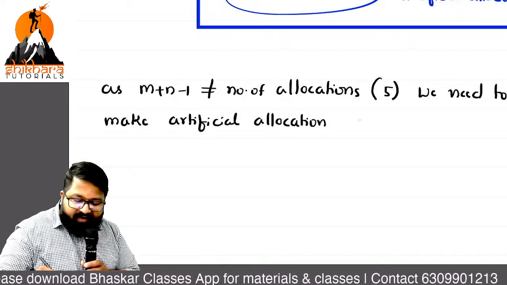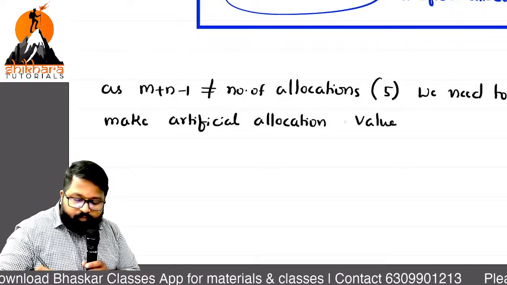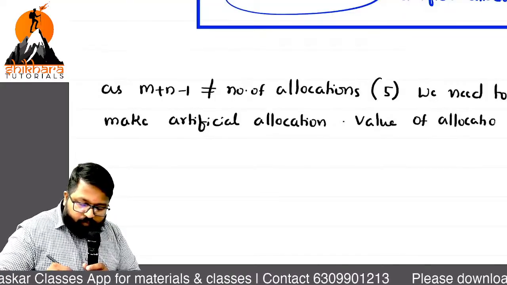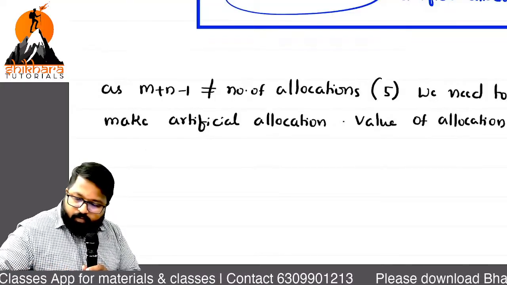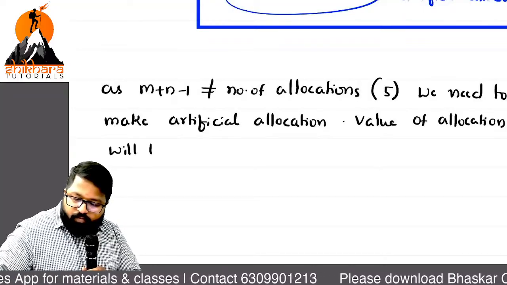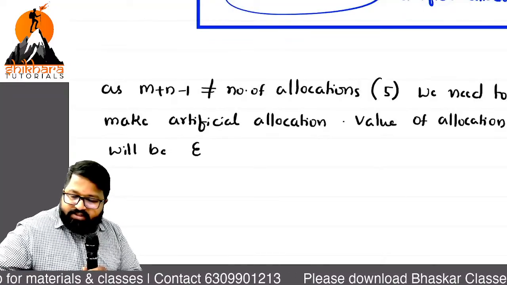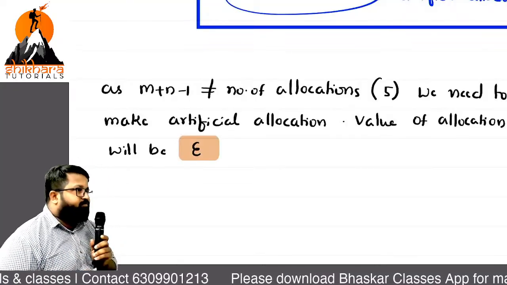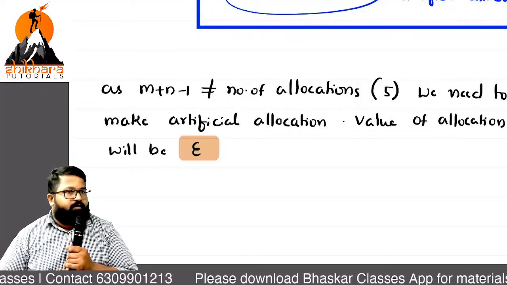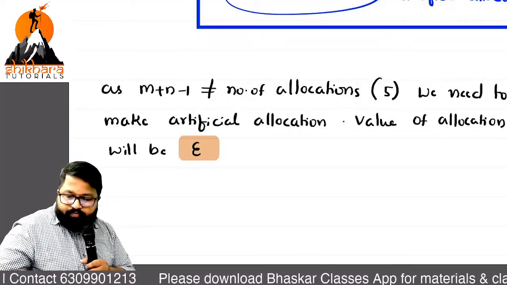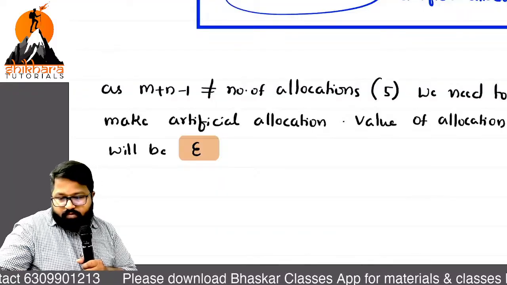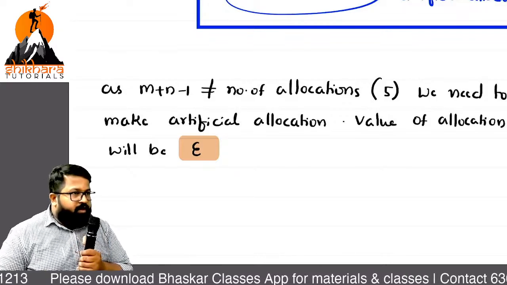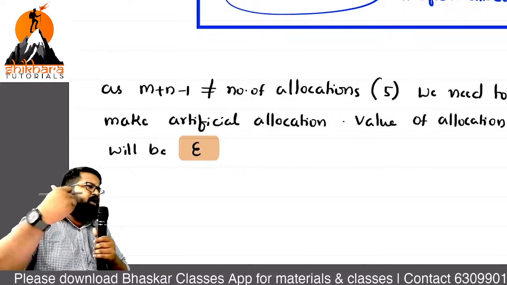And the value of the allocation is represented with a symbol like E. To satisfy that rule, we are making an artificial allocation.